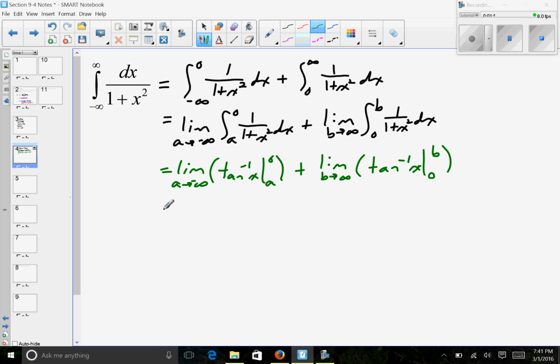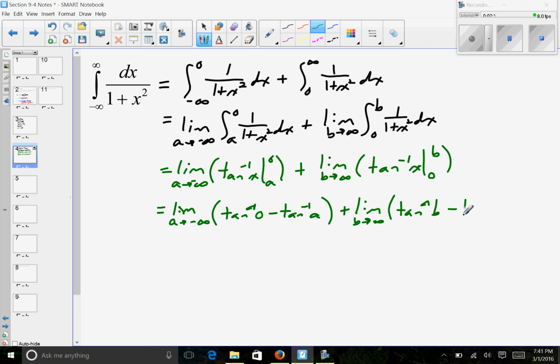So now I can plug in my upper and lower bounds to each of these antiderivatives. And I'll have the inverse tangent of 0 minus the inverse tangent of a. And then moving to my limit as b approaches positive infinity, will be the inverse tangent of b minus the inverse tangent of 0.